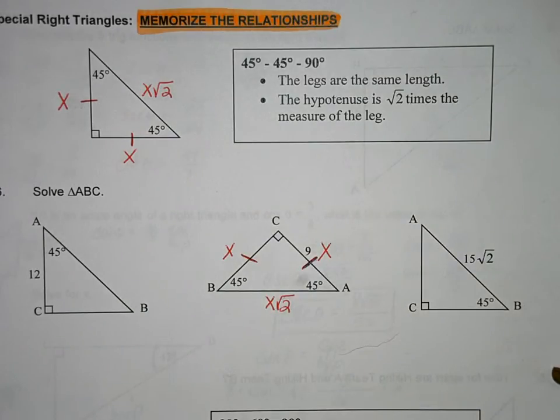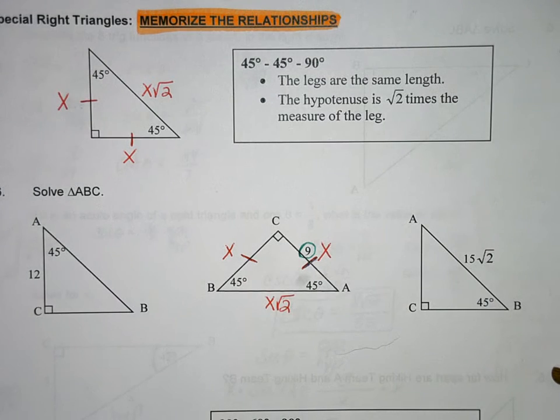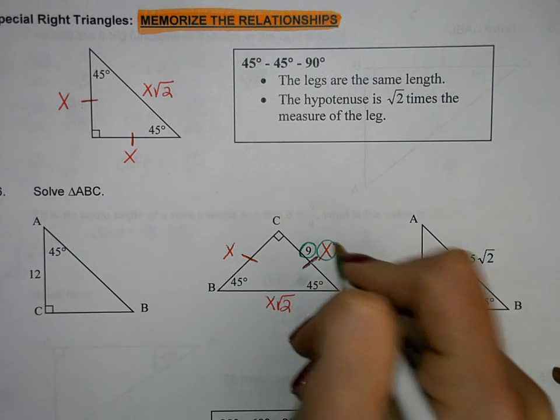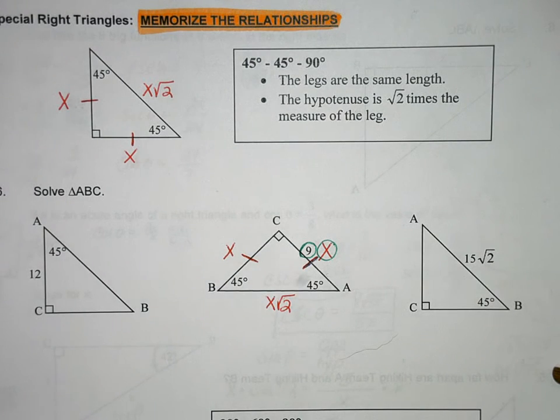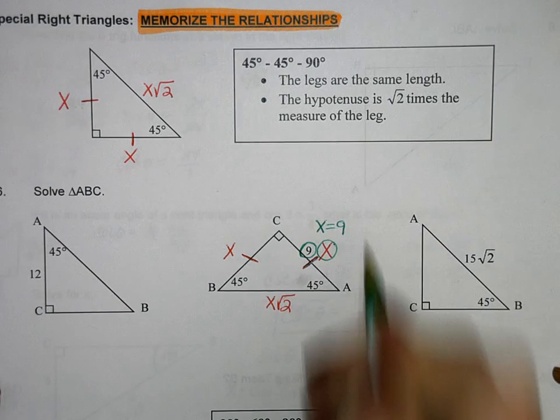All right, now besides the angles, what information do they give me in this triangle? The 9, absolutely, they give me this 9. And what did I put there? The x, absolutely. On that side with the 9, I put an x, which means that the x is equal to 9.